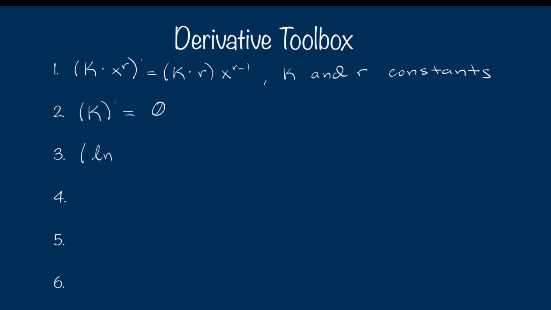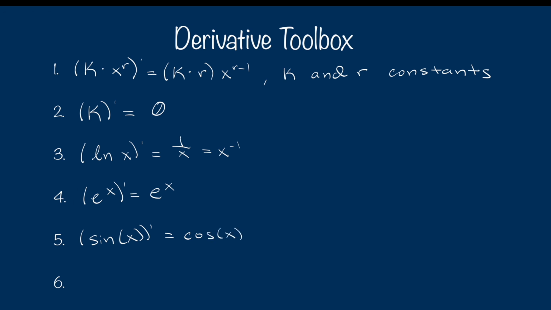And then the natural log of x, the derivative of that is just 1 over x, which is just x to the negative 1, if you want to write it that way. e to the x is just always going to be e to the x. And then sine of x, the derivative is cosine x.